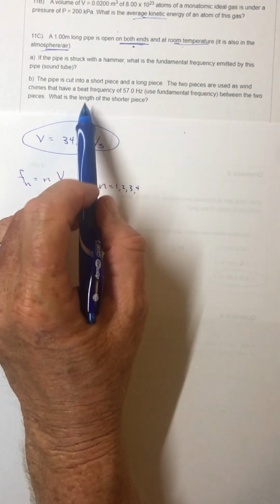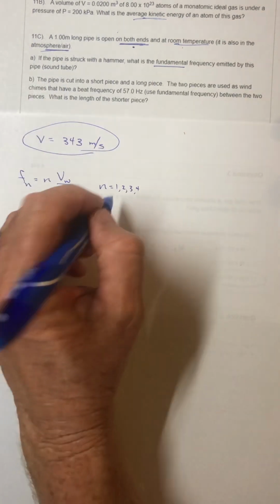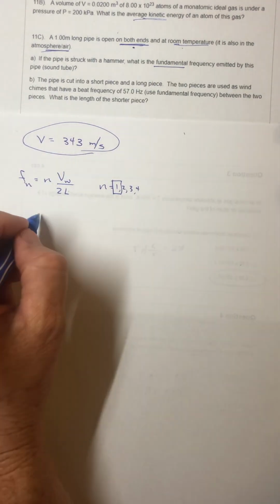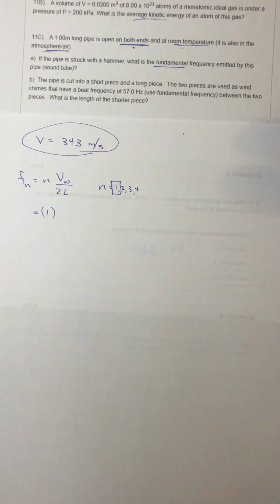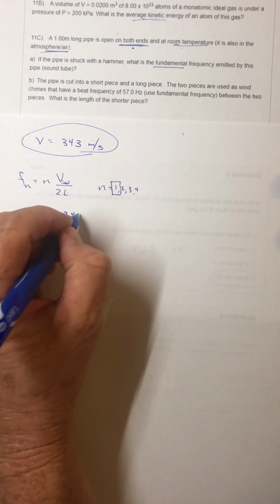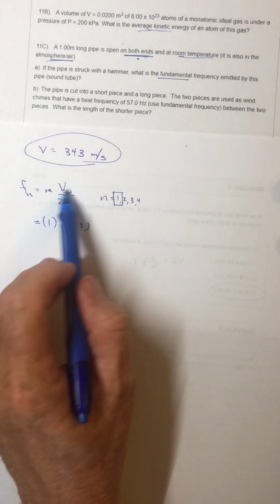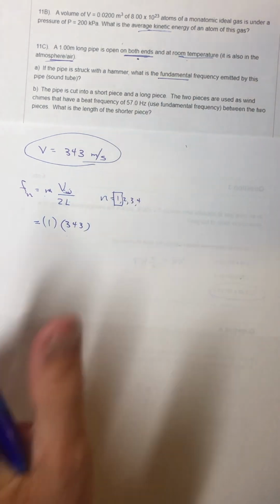But that's where it's right here. If the pipe is struck with a hammer, what is the fundamental? So the fundamental is the lowest one. And so that is the giveaway sign that n is equal to 1 for this problem. And as I mentioned earlier, the velocity of the wave was kind of given indirectly also. And so both the n and the velocity of the waves are given indirectly here.